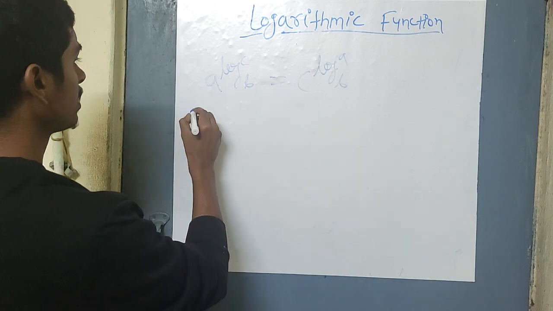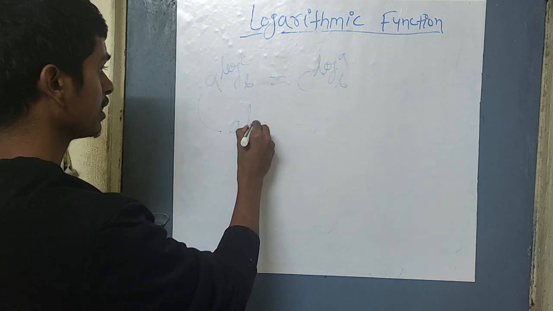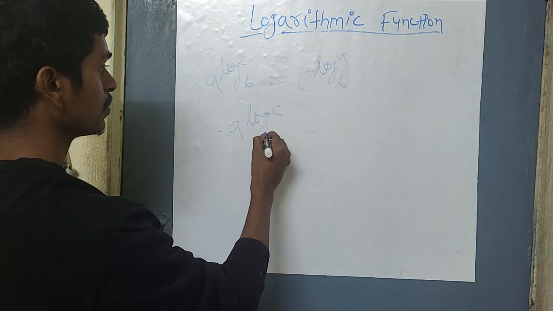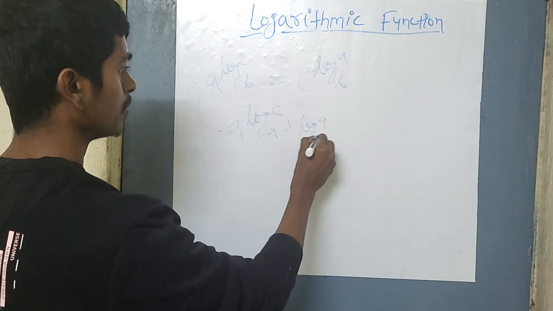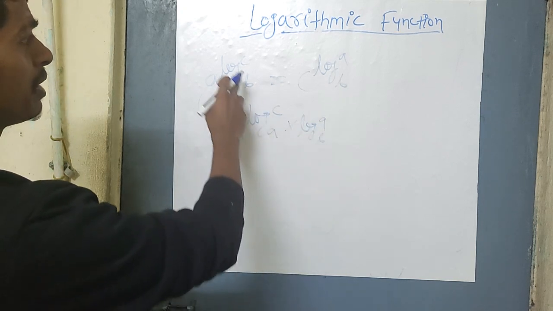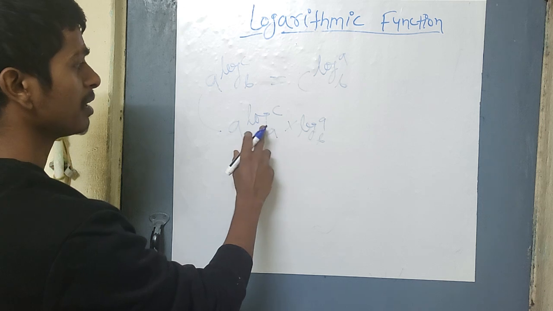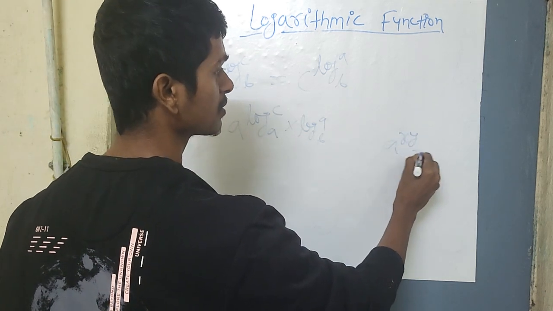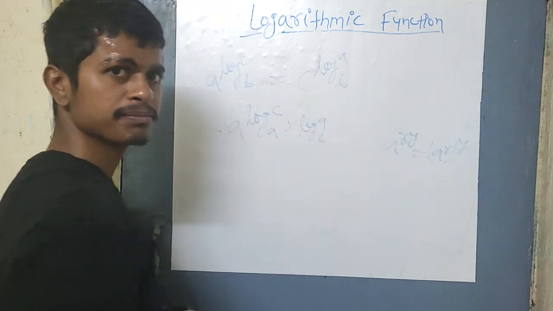Now I am taking the LHS. From the LHS, you can write a to the power log c with base b. So I am introducing here a into log a with base b. You can write it like this because the a's cancel out, and we will have only log c with base b. Now, if you have a to the power x into y, you can write a to the power x whole to the power y.